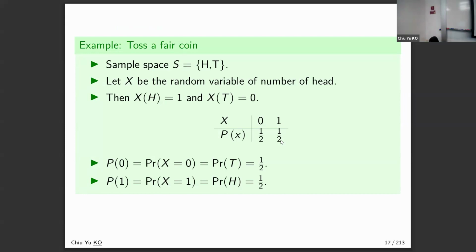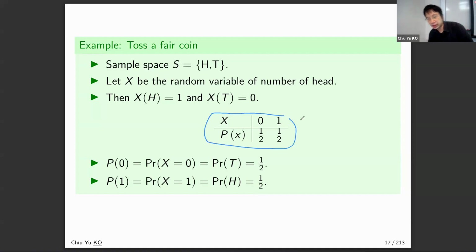Basically, for each number of the random variable, you put the probability there. There's a table, and this table is the probability function, or probability mass function. For each number, you give me the probability.